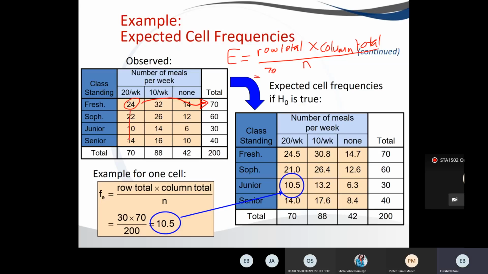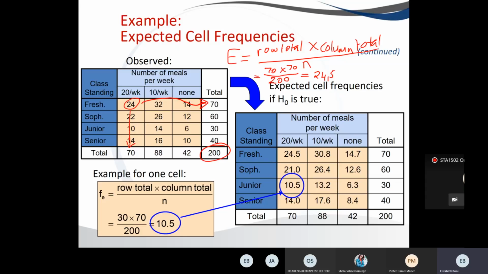And my column total will be equal to 70. Divide that by my n, which is 200. And therefore that will give me 70 multiplied by 70 divided by 200, it will give me 24.5. And that is for 24.